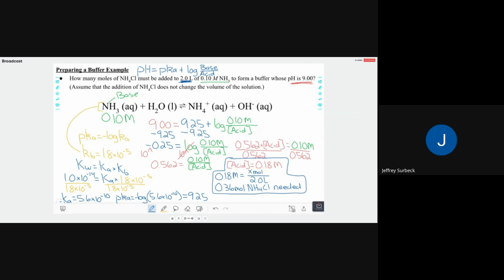If it's lower, it means it's more acidic. And so think to ourselves, our acid concentration is 0.18 compared to our base concentration of 0.10. Is that more acid or more base in our solution here? More acid. So it should make sense that the pH gets lower than the pKa. It's kind of just a self-check.